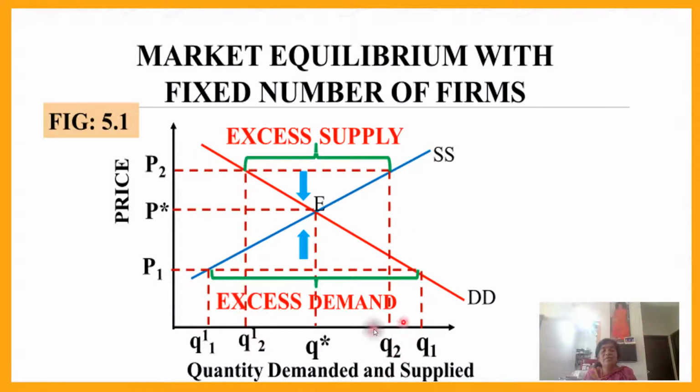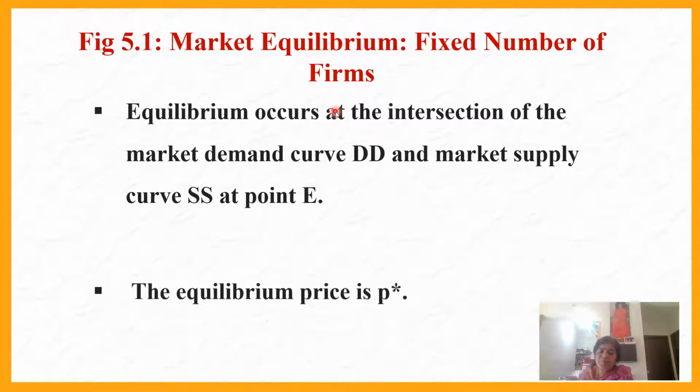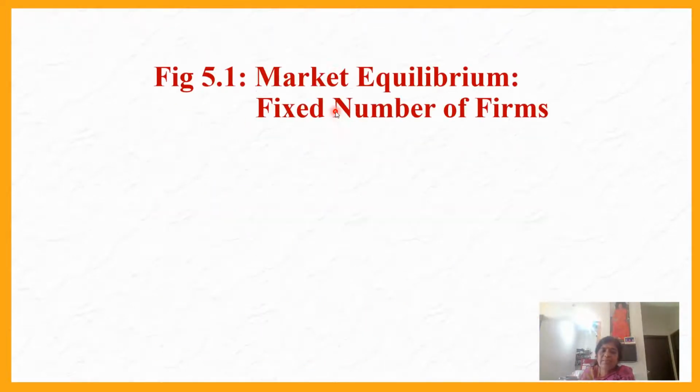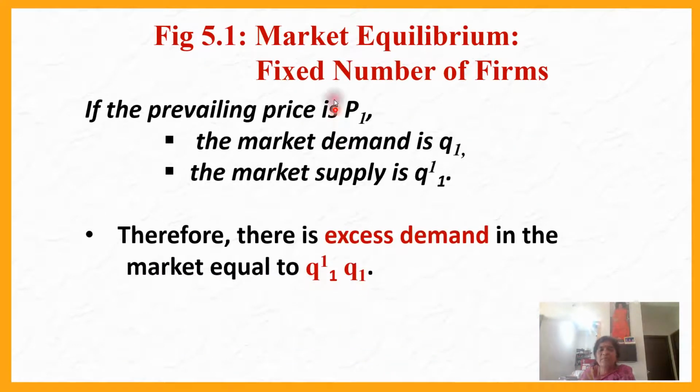Therefore, excess demand is denoted by Q1 dash Q1, this distance. This whole distance with the green curly bracket denotes Q1 dash Q1. And this distance, Q2 dash Q2, indicates the magnitude of the excess supply.